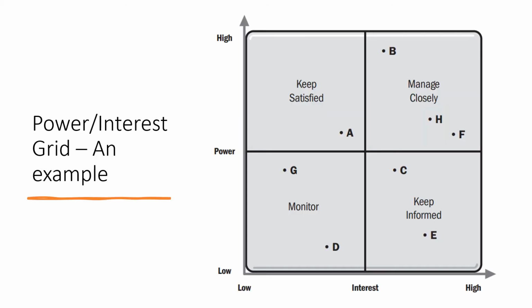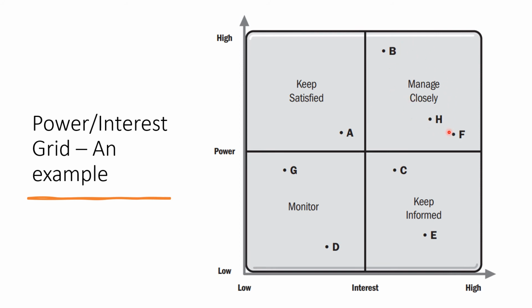So this is an example of a power interest grid. Look at the x-axis, you have interest, and on the y-axis you have power, with low and high on each axis. So how do you respond to your stakeholders according to power and interest? If the stakeholder has high power and high interest, you need to manage them very closely.